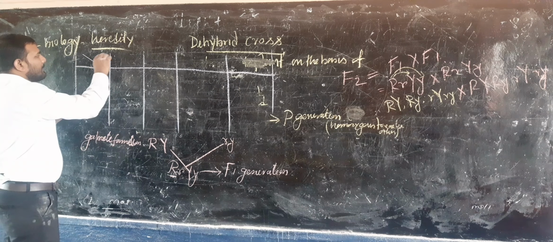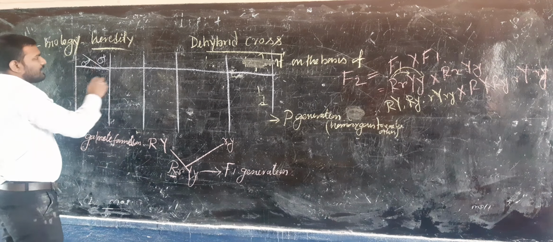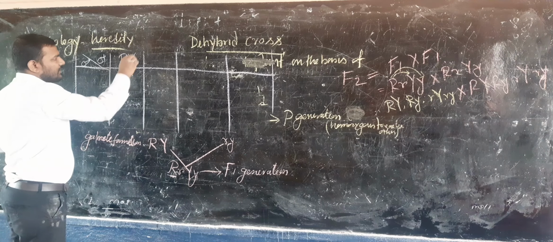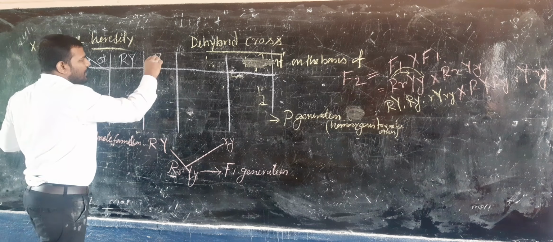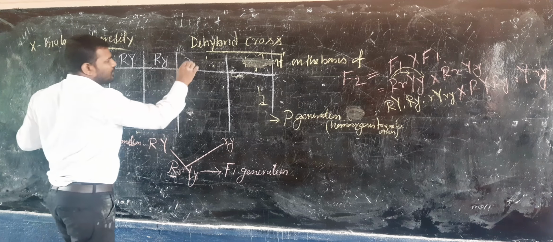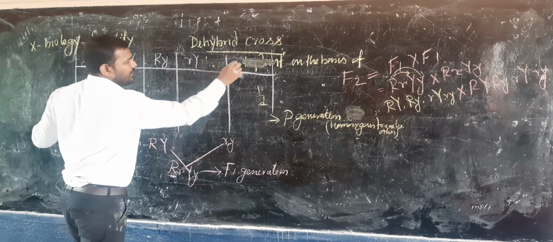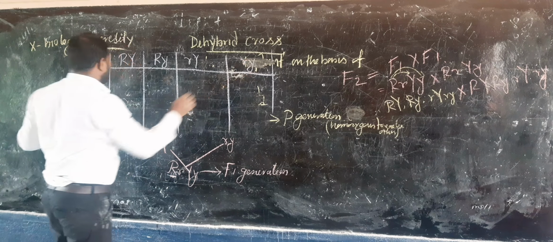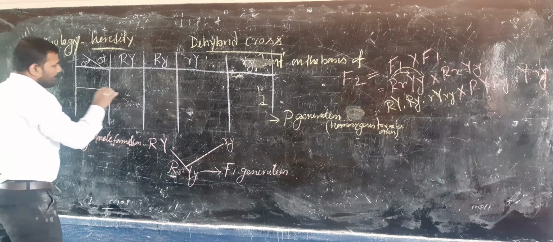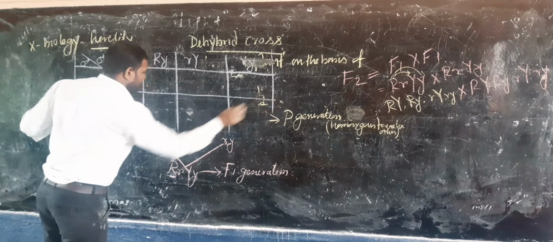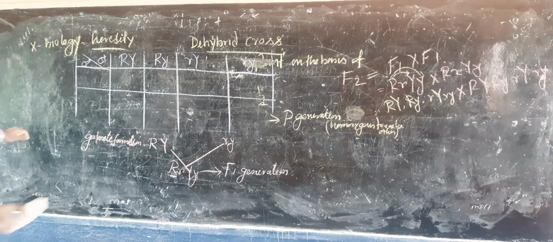Here is the female gamete, here is the male gamete: capital R capital Y, capital R small y, small r capital Y, and small r small y. Similarly, we have to write here.